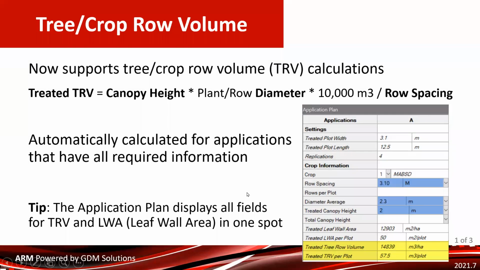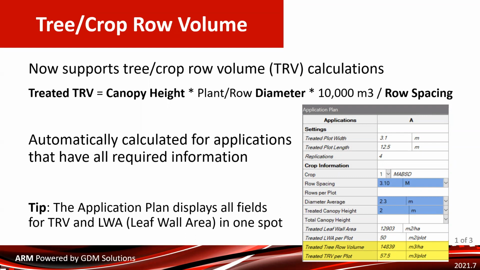Tree row volume, this is pretty similar to the leaf wall area from what we added in ARM at least. If you're working with an application that deals with tree row volume, think of a tree in an orchard. You're not going to apply based on an area on the ground. You want to apply based on the volume of that tree.